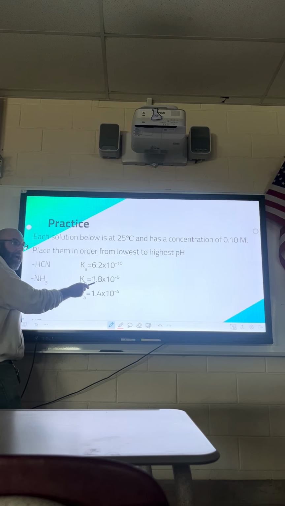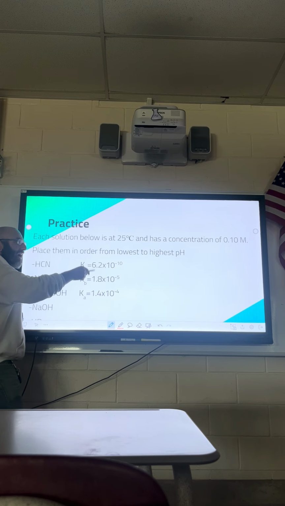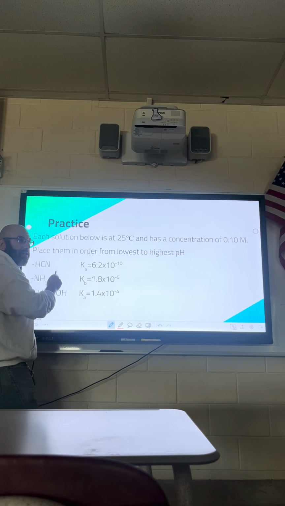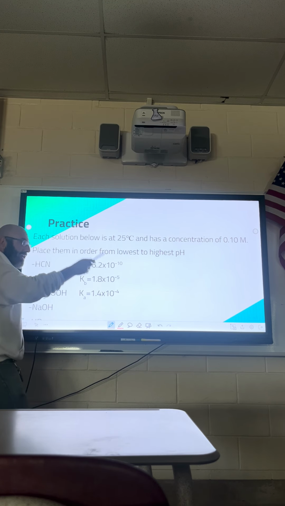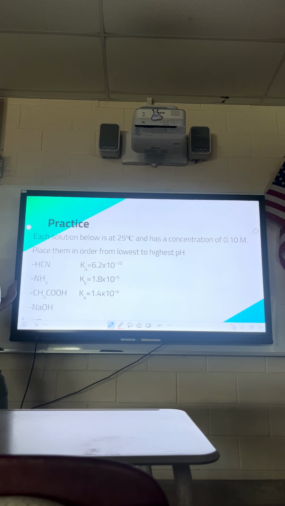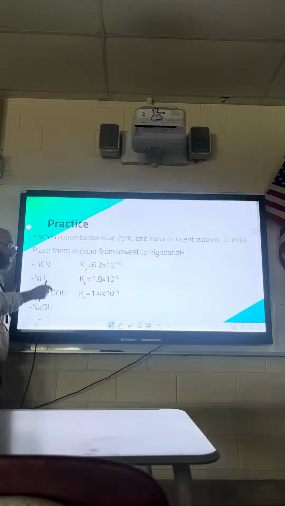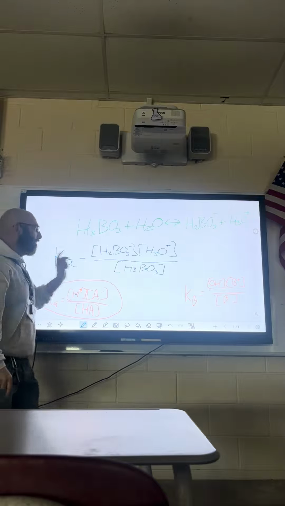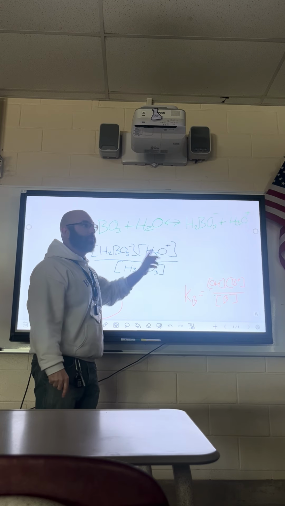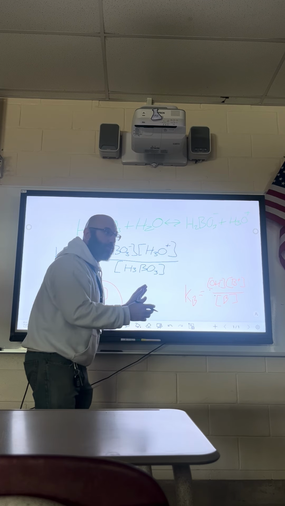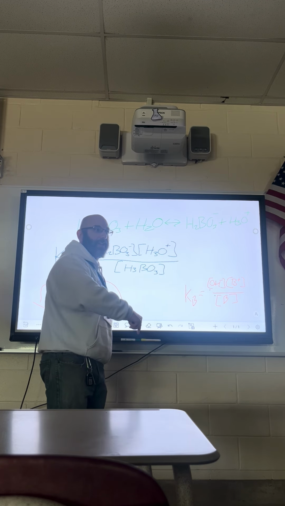So if we did this problem, we would be finding first not pH. For this one, we first have to find the pOH. And then when you find the pH, it mathematically will have to be above 7. Even though these two Ka's are small, because they are Ka's, we are finding H3O plus, which means we can directly find pH, and no matter what, they're going to be less than 7.